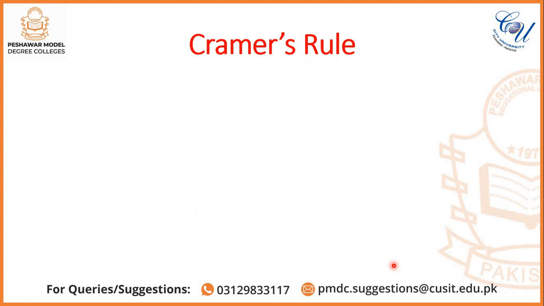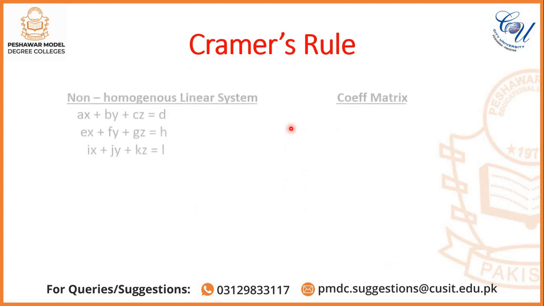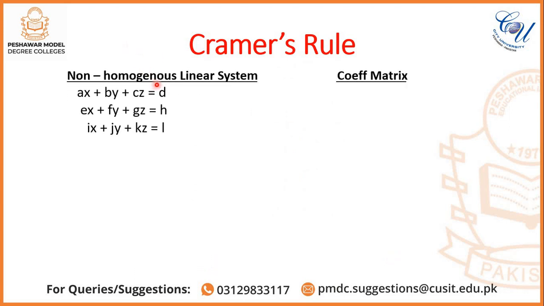Now come to Cramer's rule. If we have a non-homogeneous linear system like this, then first we have to find the coefficient matrix of this linear system. That will be like this. Now we see that the coefficients of x are a, e and i. So in the first column we have written the coefficients of the x variable, that are a, e and i.